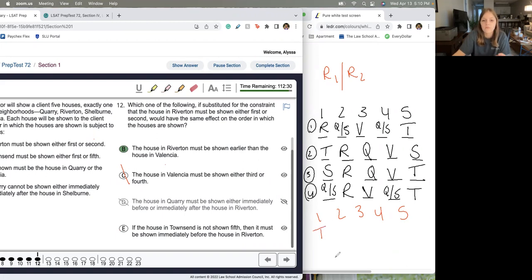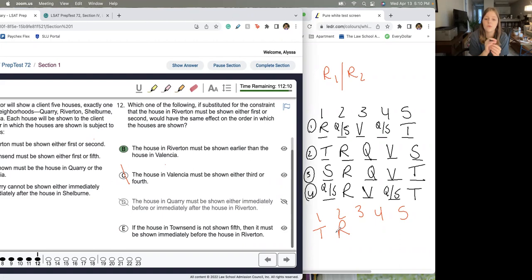Let's say T is in 1, because if it's not in 5, then it's going to be in 1 according to our rule. And that means that it must be shown immediately before the house in Riverton. That would technically force R to go in 2, but I don't now have the option for it to go in 1.